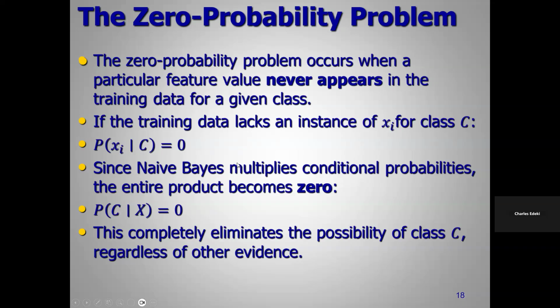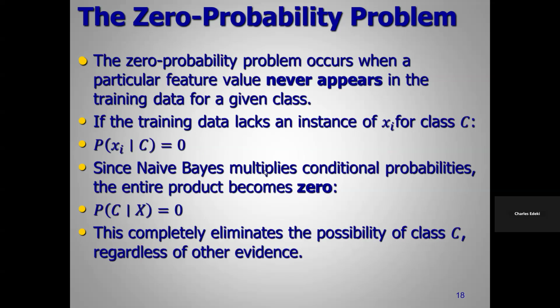So here, for example, the zero probability problem occurs when a particular feature value never appears, which means the probability of that value is 0. And as we saw in the example, at the end we multiply the probabilities of all the features, so if one of the features is 0, then for that category everything is 0.